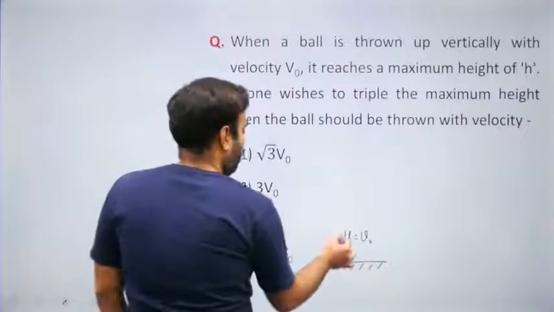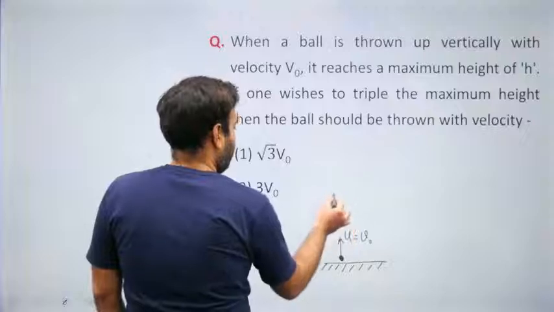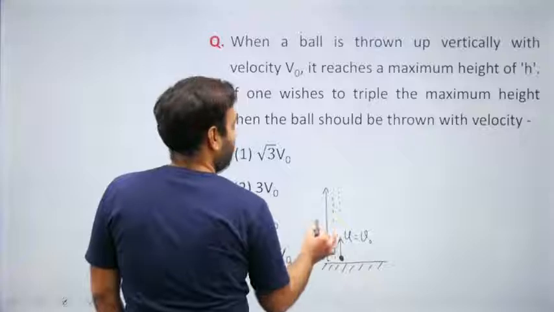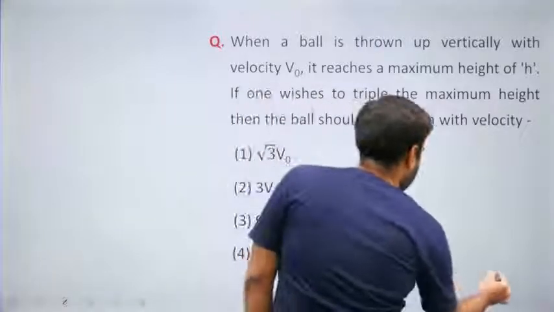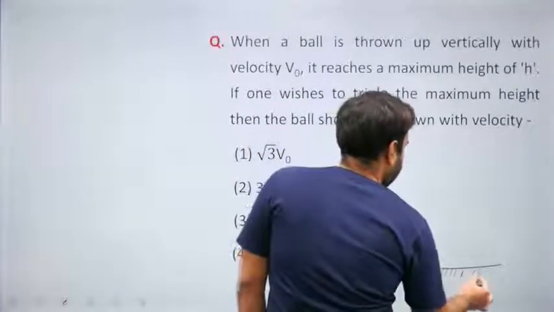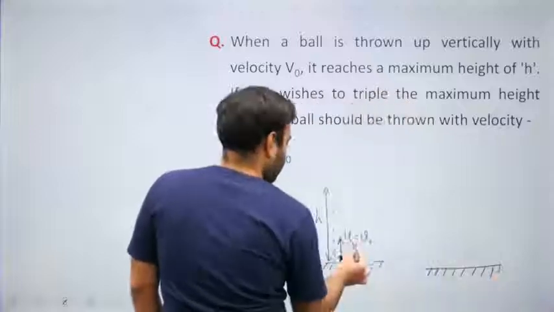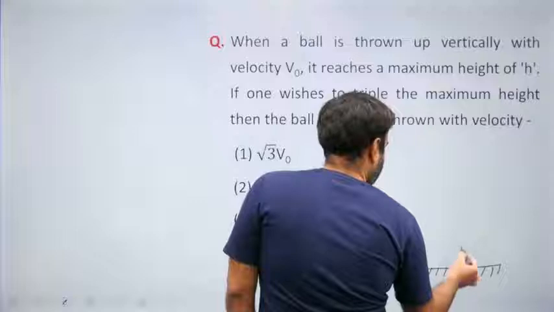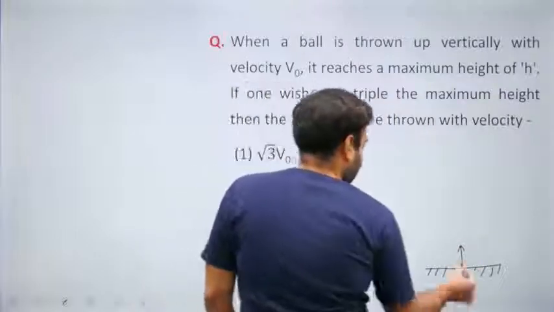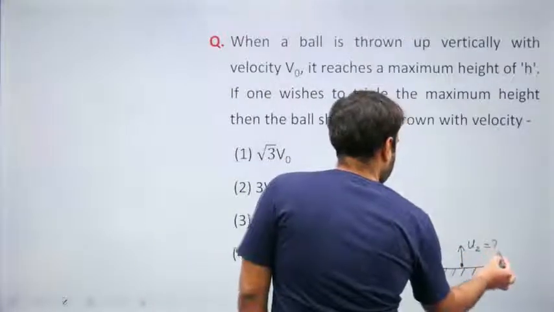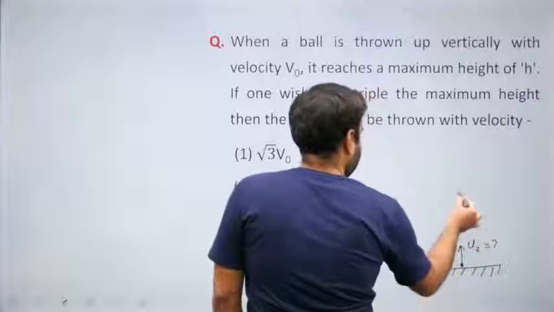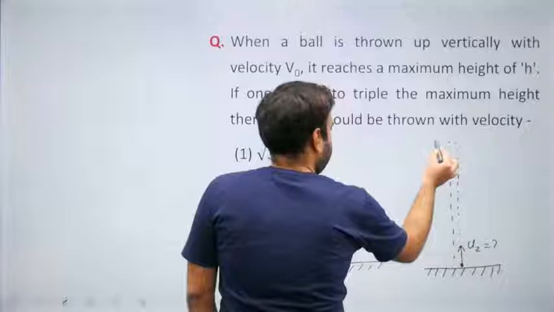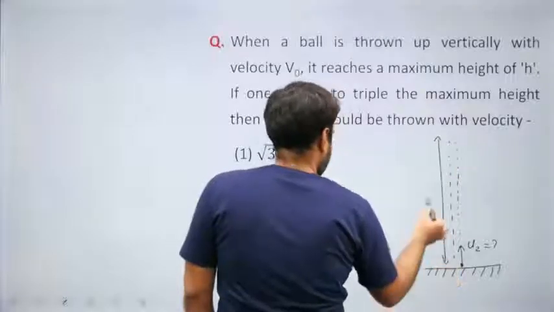The ball will go up and come down, and it will have a height of h. Now if we want to triple the height, this was u1 and this is height h1, at what velocity should we throw so as to get the maximum height three times the initial one?